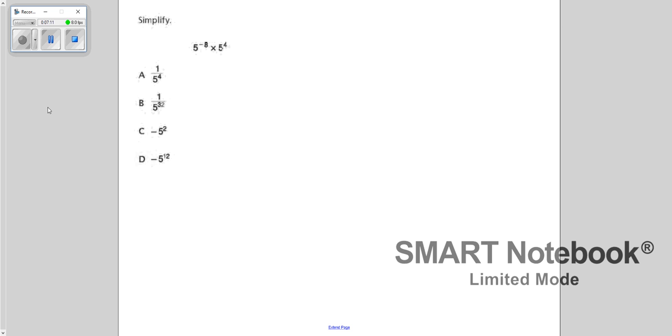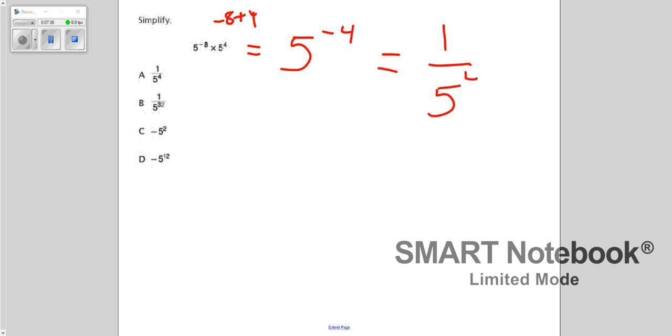All right, so I noticed that we are multiplying, and both of these terms have a base of 5, so I can apply the rule, keep the base, add the exponents. Negative 8 plus 4 is negative 4. So 5 to the negative 4th power, but that's not a choice. But to fix this and rewrite it with a positive exponent, you take the reciprocal, and the negative exponent becomes positive. So that's choice A.